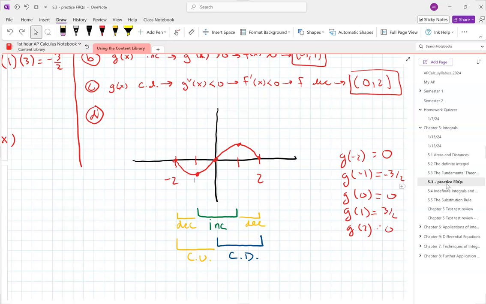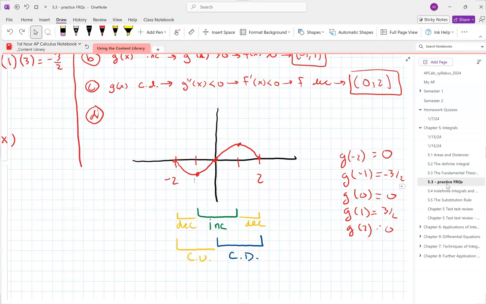So just kind of looking ahead. I have 2 more sections in chapter 5 to do before we're looking at test time. The majority of your test points are going to come from just being able to do integrals. So if it's piecewise, can you do the integral?